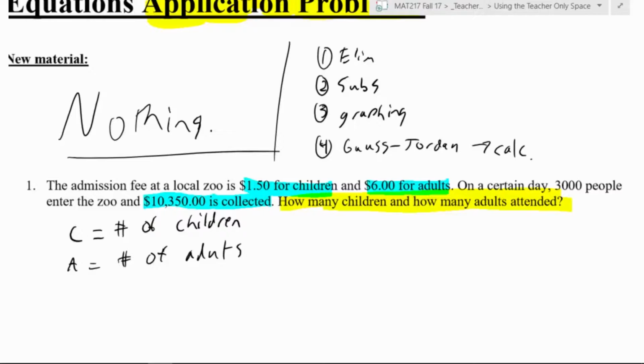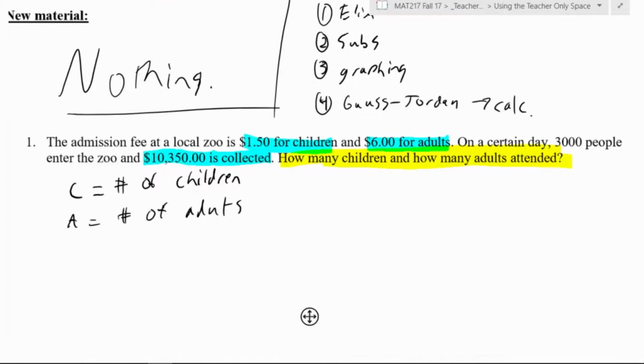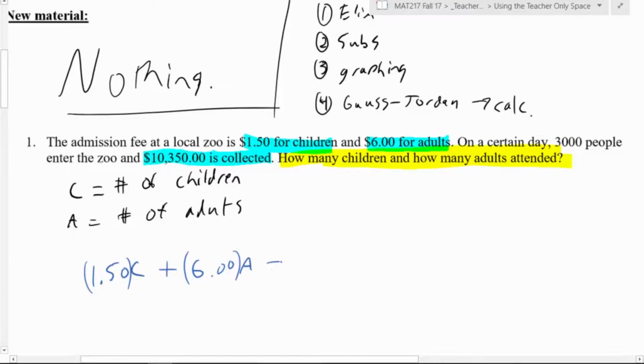So our money equation would be $1.50 times C, so $1.50 per child times the number of children, plus $6 times the number of adults, and those together should add up to $10,350.